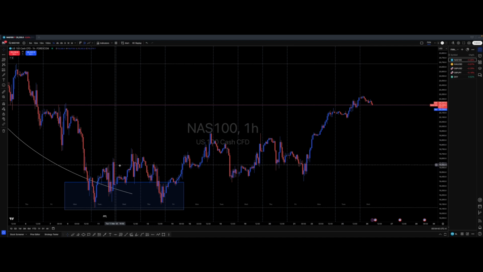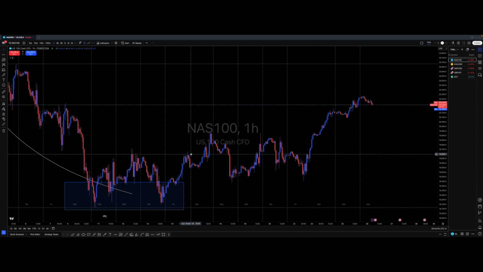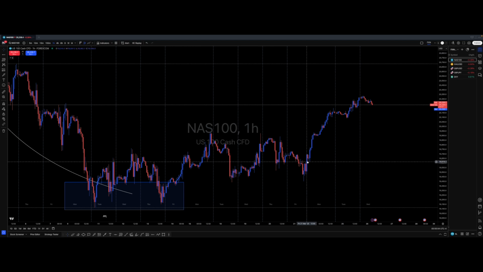That basically created an accumulation cycle for the week, and then the same thing happened the week after on Monday, Tuesday, Wednesday, Thursday. You could see price action started here. Where did it basically end the week?